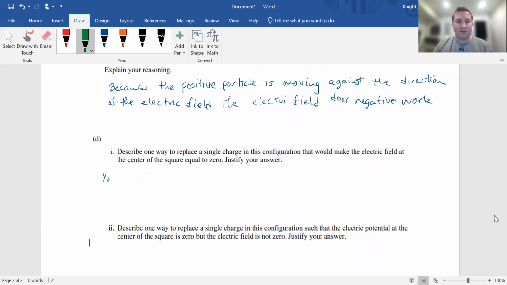So you can replace the top right minus Q with a plus Q, so its field cancels with the bottom left.